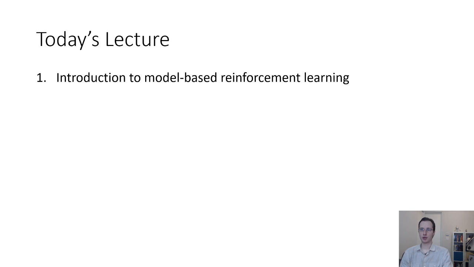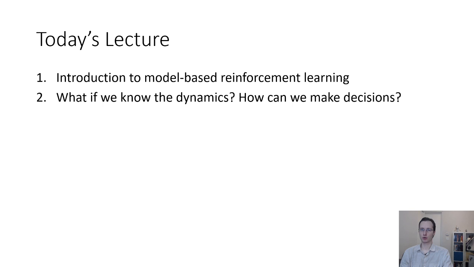All right, so in today's lecture, we're going to get an introduction to model-based reinforcement learning. We're going to talk about what we can do if we know the dynamics and how we can make decisions. We'll discuss some stochastic black box optimization methods, which are very simple and commonly used because of their simplicity.